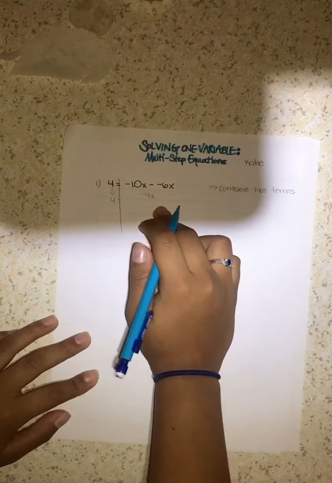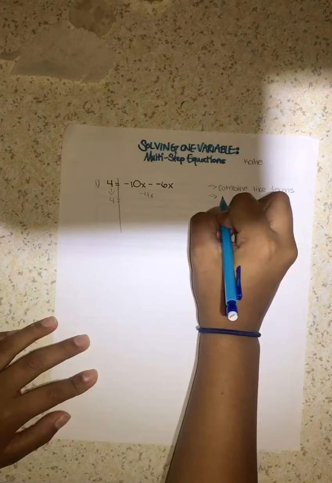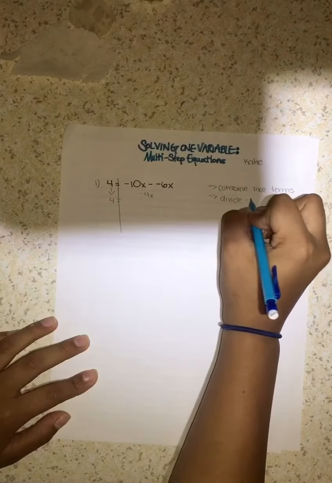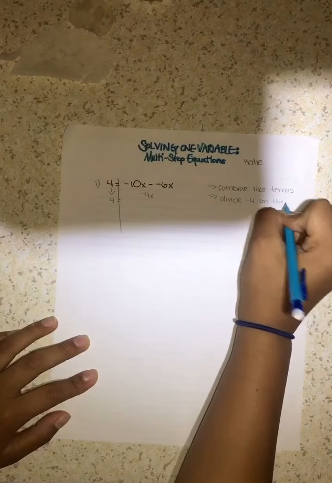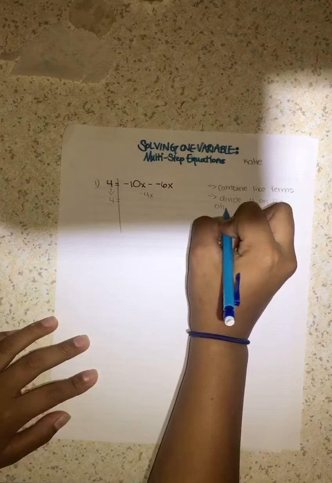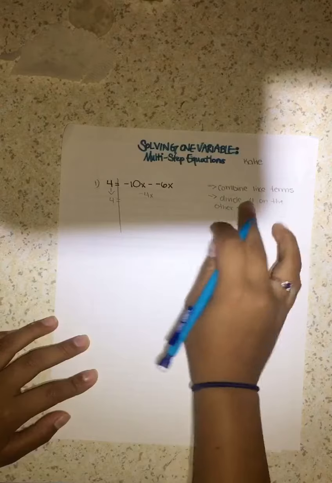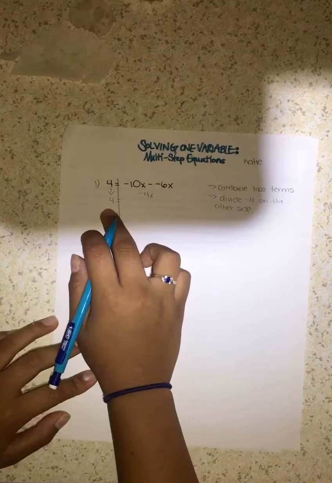And now our next step is to divide by negative 4 on the other side. So we're just going to divide negative 4x by this number on this side.